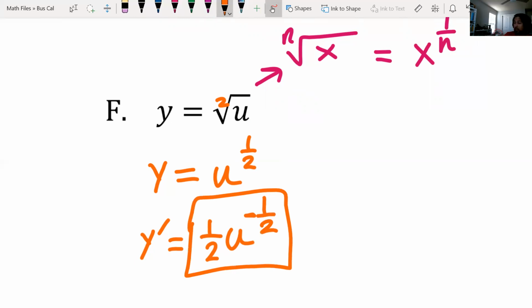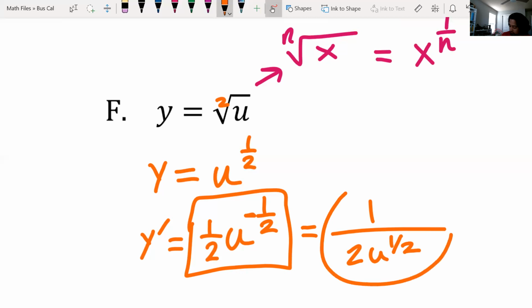But again, if you have to rewrite it, then this is how you would rewrite it. You would get 1 over 2u to the 1/2.